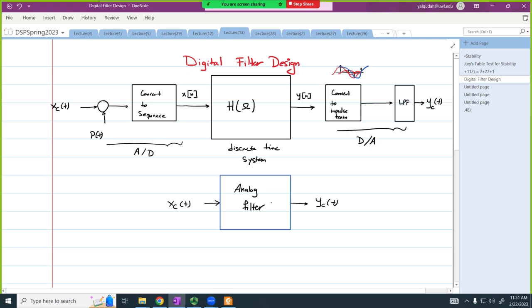Instead of taking this signal, converting it to a digital signal, and then using a discrete time filter and converting it back to a continuous system, I could have designed just an analog filter that will just take the xc and generate yc. So what we're trying to do is to design our discrete time system so that the equivalent of all this is the analog filter that I have here. Does that make sense?